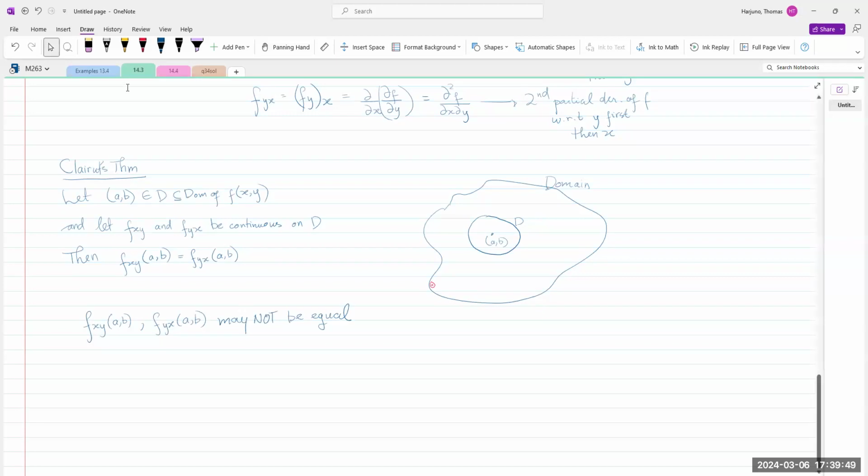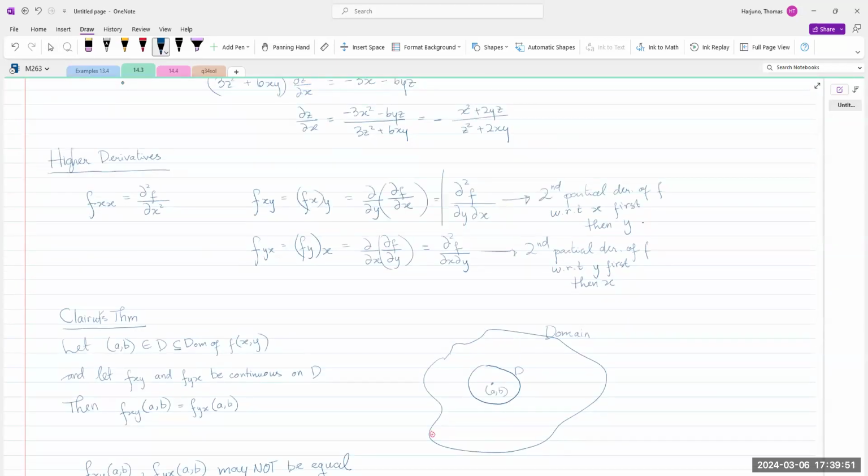So it does make a difference. What you did here and what you do here may not give you the same result if it is observed at a coordinate that is right at the boundary, that's first, or even if you can contain that coordinate in the disk, but either one of the mixed partial derivatives is not continuous.